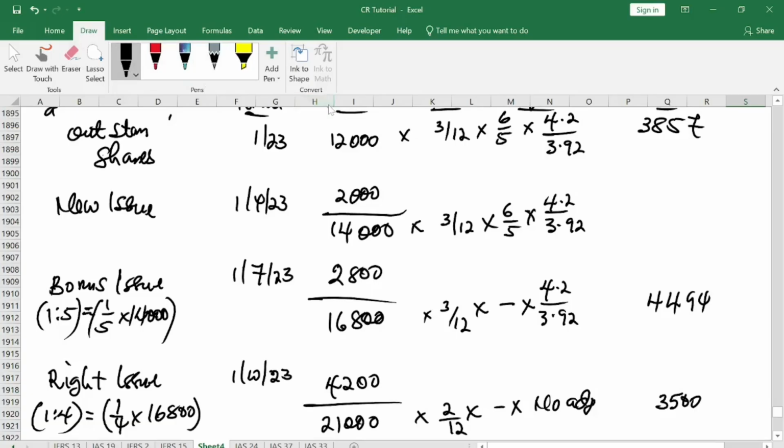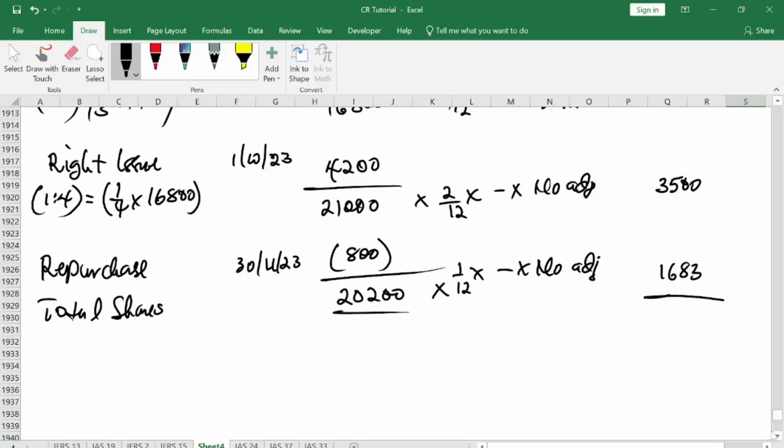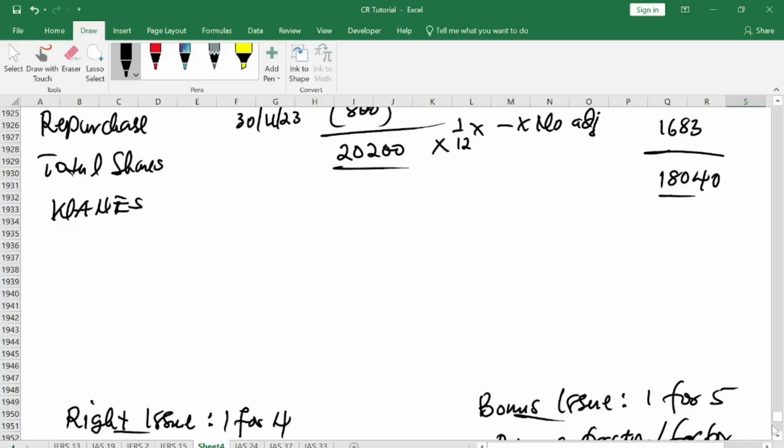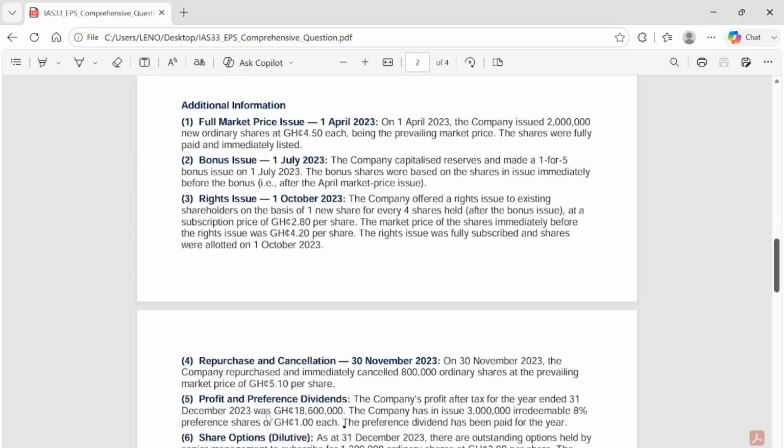So here will give me 4,500. Here will give you 18,000. Alright, so this is your weighted average number of shares. So now we've done question number 1.